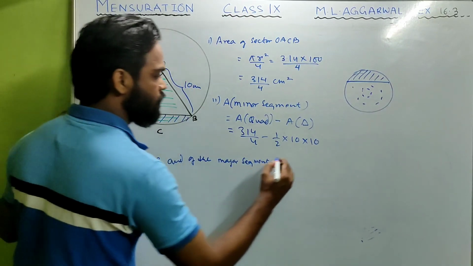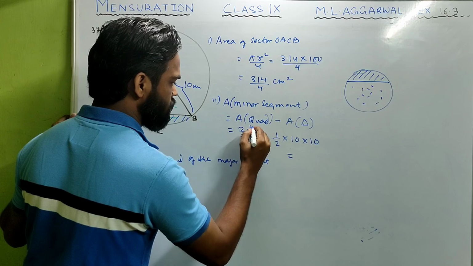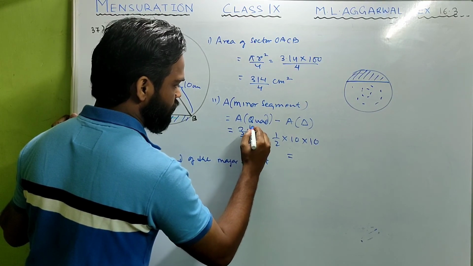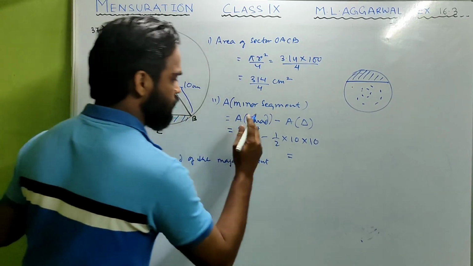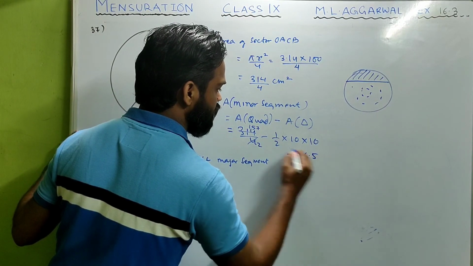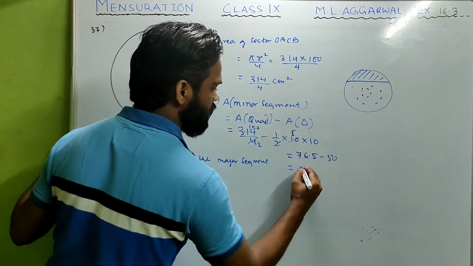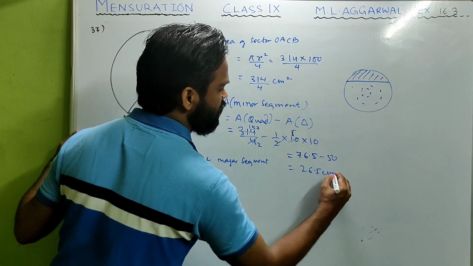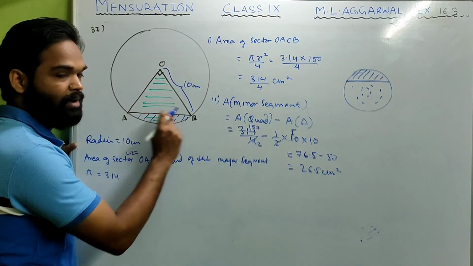Is it clear? So how much will this be? This we calculated: 78.5 minus 50. So that's 28.5 centimeter square. That's the area of the minor segment.